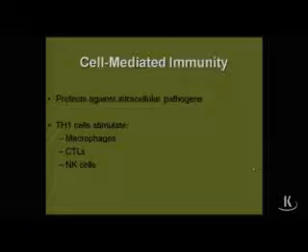Now, cell-mediated immunity kind of completes the package here, right? We have our antibodies that were our response to extracellular pathogens, and now we have our T cell response, which is our response to intracellular pathogens. We're going to look predominantly at 3 major cell types here, okay? And they're all aided by the T helper 1 cell.